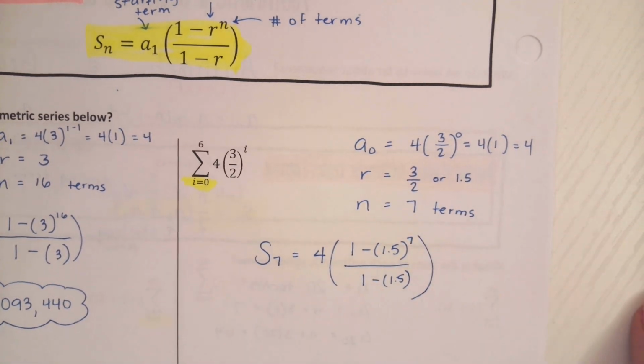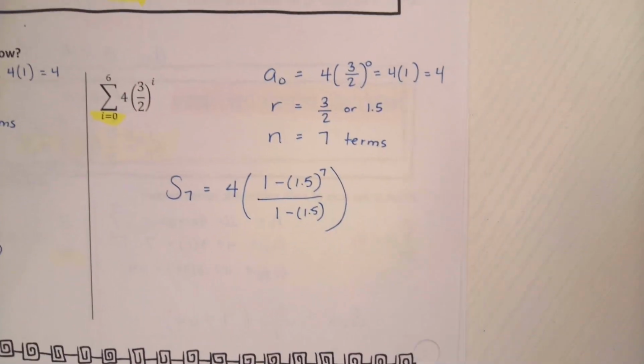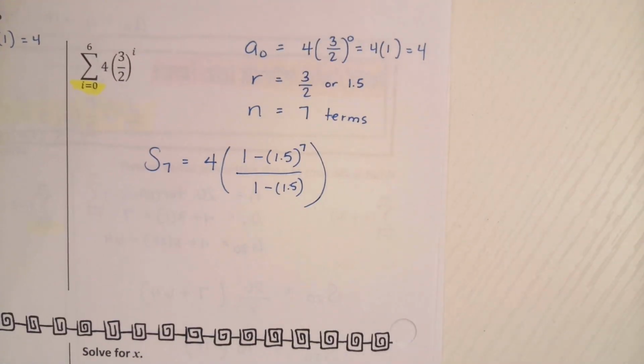Notice how I'm always writing my common ratio in parentheses. I feel like there's sometimes where you'll get the wrong answer if you don't put in parentheses, so I'm just always putting it in parentheses. I don't remember if it happens with fractions or decimals, but there was one situation where people wouldn't get the right answer if they didn't put it in parentheses. 1 minus 1.5 to the 7th power over 1 minus 1.5.